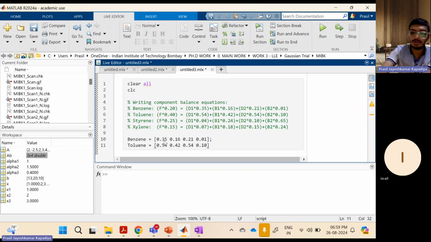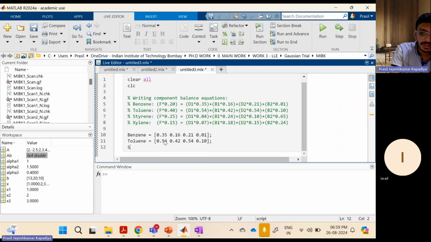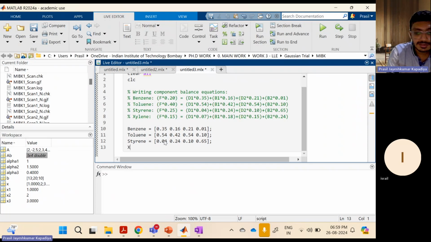Now the third row, styrene: 0.04, 0.24, 0.10, 0.65. And xylene: 0.07, 0.18, 0.15, 0.24.